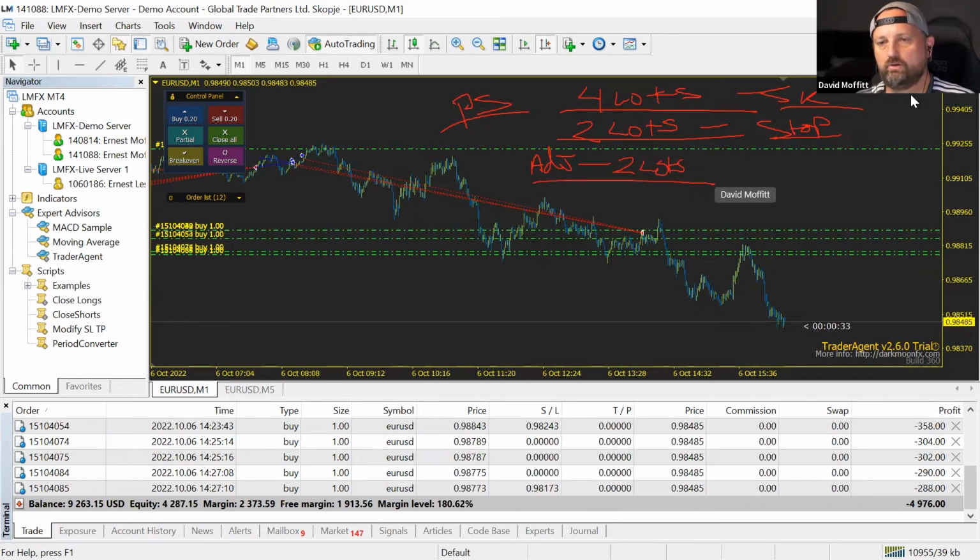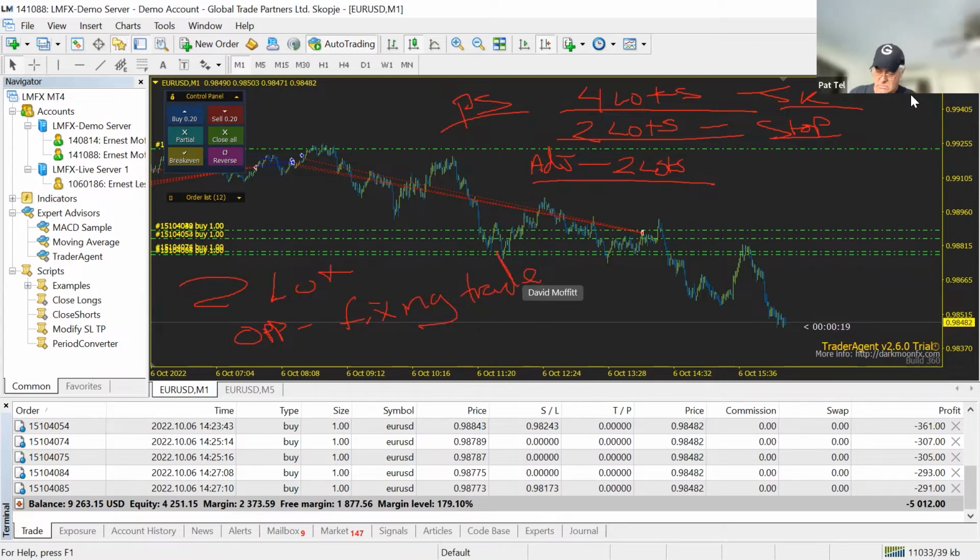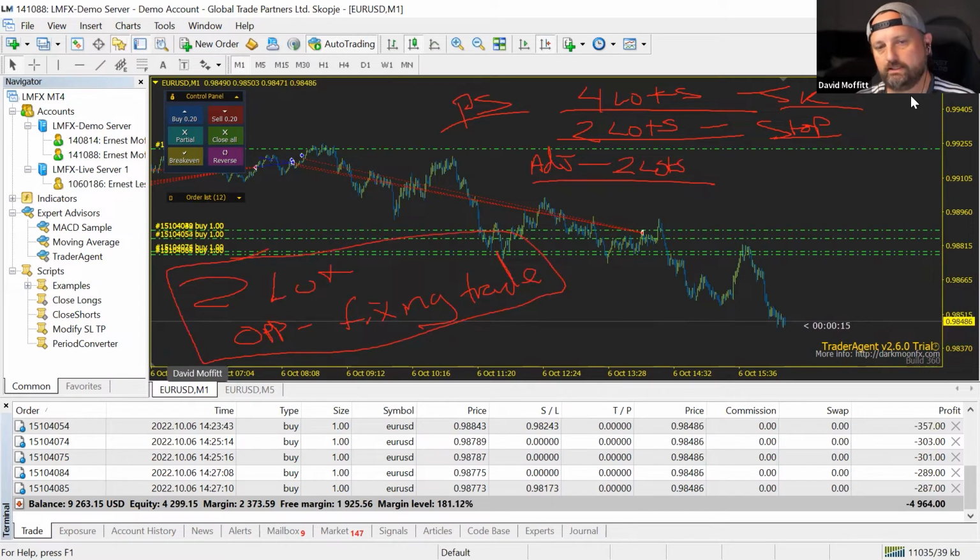You need to hold the other 2 that you're not trading with in reserve for opportunities and or fixing your trades. So this is very important that you don't touch this unless you need to, for an opportunity or fixing.